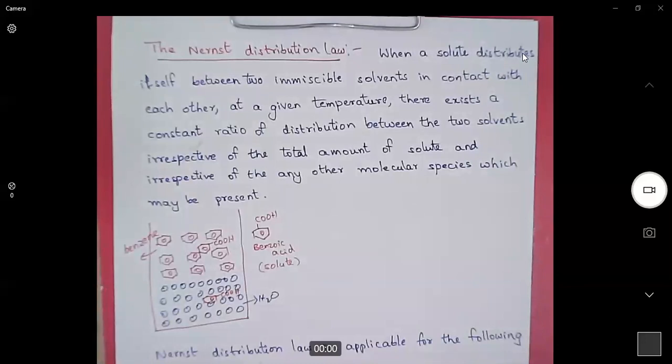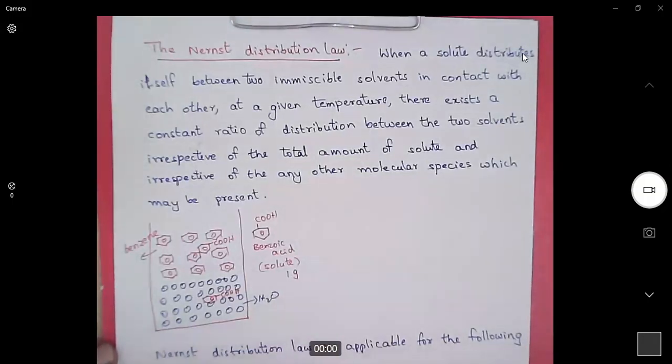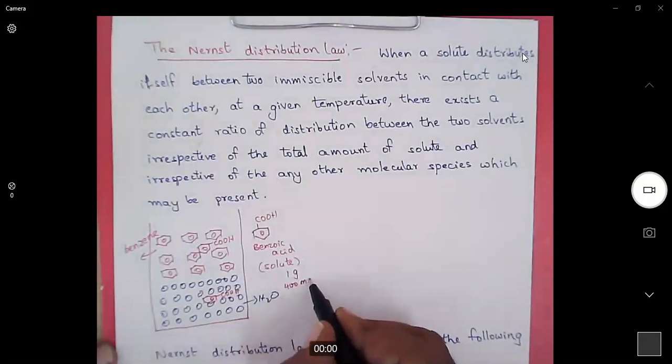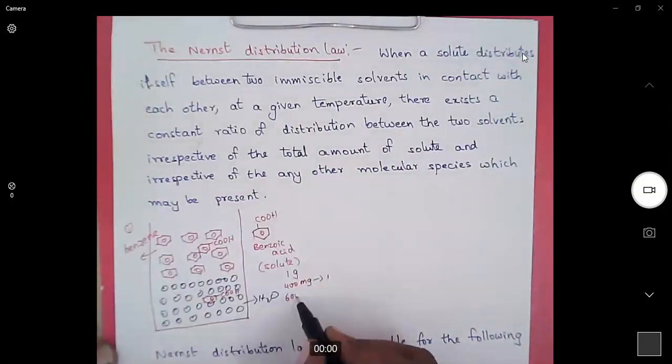So some amount will distribute in the benzene layer, some amount in the water layer. Say, for example, if you imagine 1 gram of benzoic acid is added, then say 400 milligrams is dissolved in benzene, and 600 milligrams is dissolved in water. Now the ratio is 4:6 or 2:3.